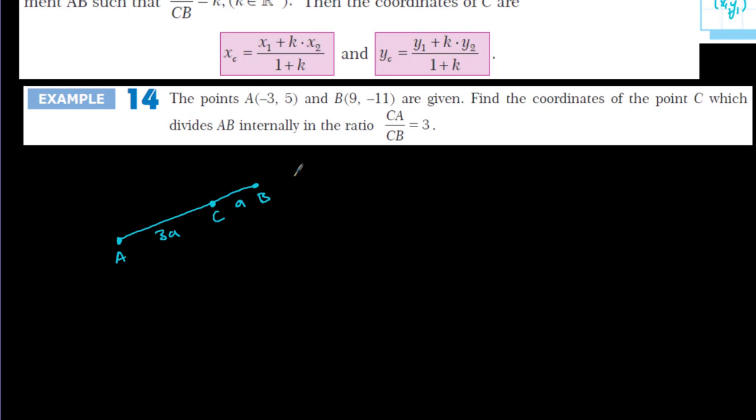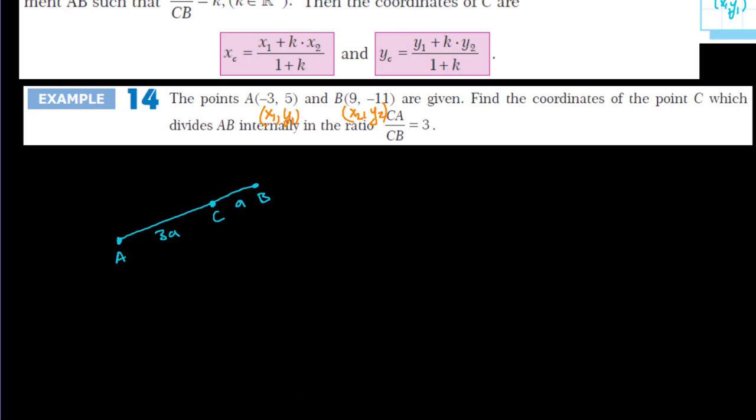So if we continue here, CA over CB is equal to 3, and since A is at the numerator, its coordinates are x1 and y1, and these coordinates are x2, y2.